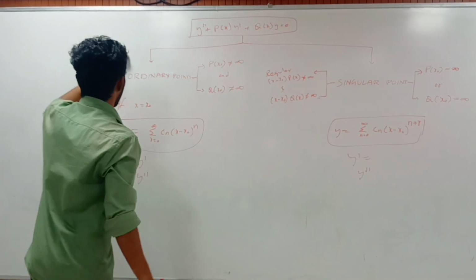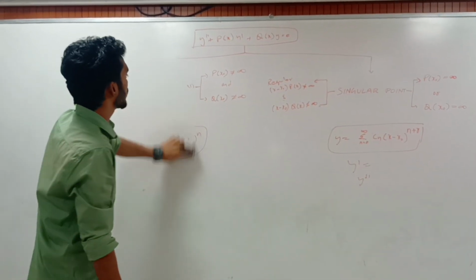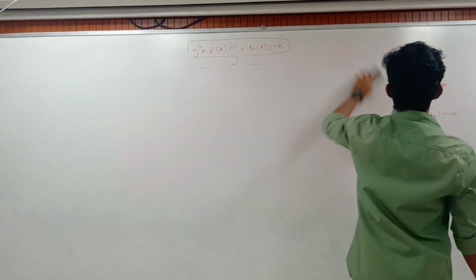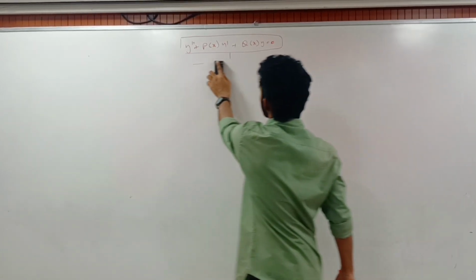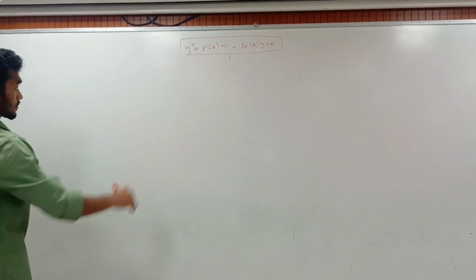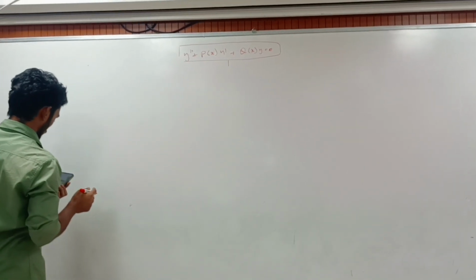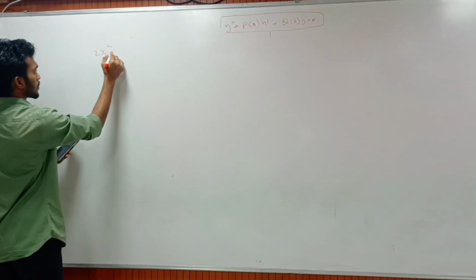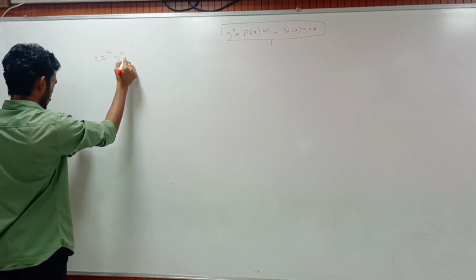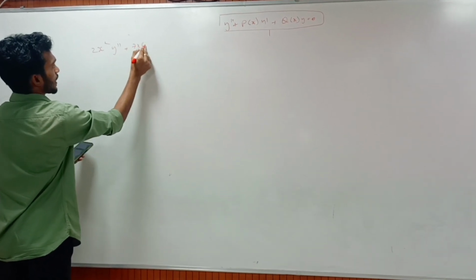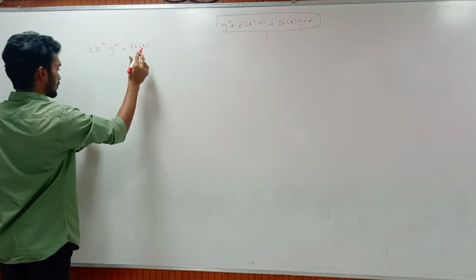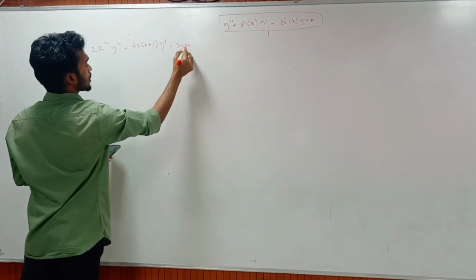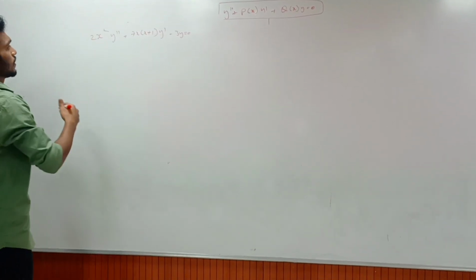Okay? Let's solve one question to get clear about the ordinary point and singular point. 2x square y double dash plus 7x into (x plus 1) into y dash minus 3y equal to 0 is the given differential equation, right?